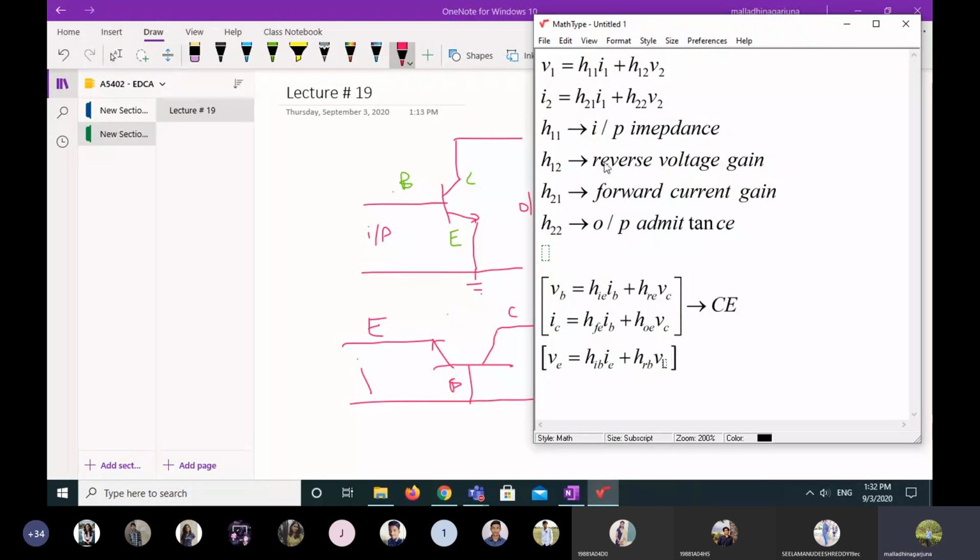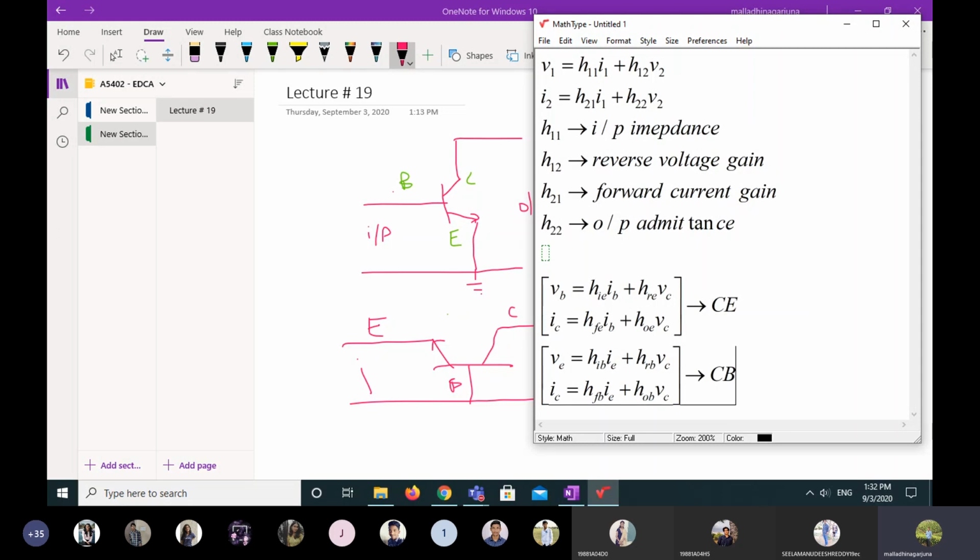V2, the 2 indicates the output terminal. What is the output terminal for the common base? Collector. Similarly IC equals HFB IE plus HOB. This is for common base.